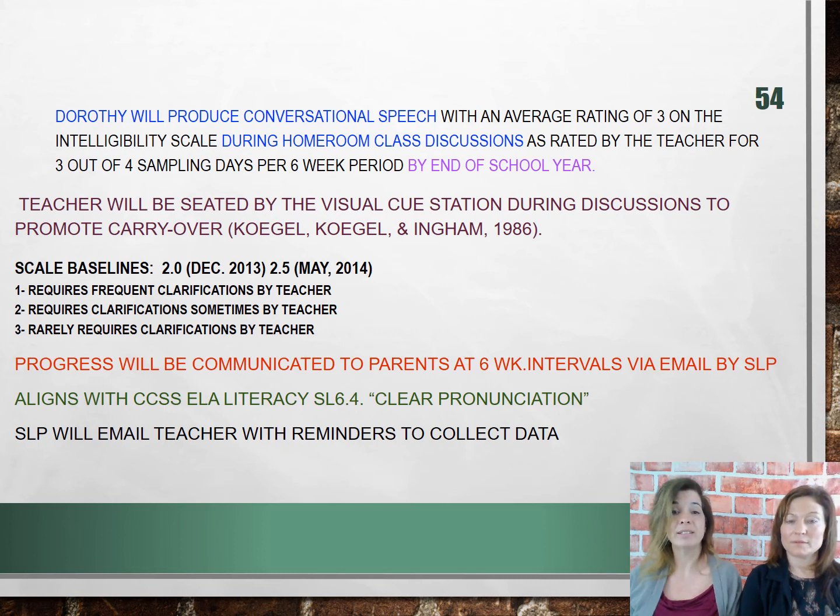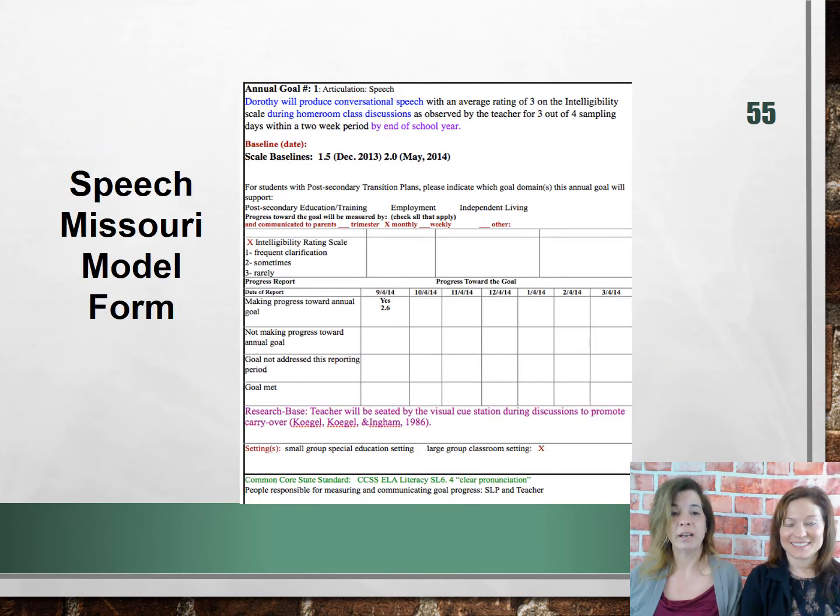So you can see, it's a lot of words on this slide, but let's look at it on the next slide. Okay, so now you see that all that information is plugged into this Missouri model form. And again, we had to go in and add some things here because there wasn't anywhere on this model form to document baseline or relevancy and some other things, like the research.